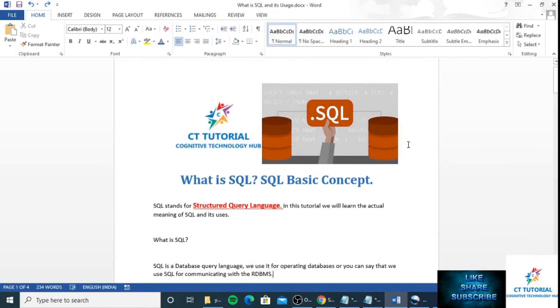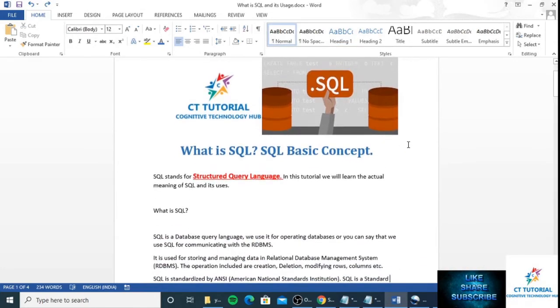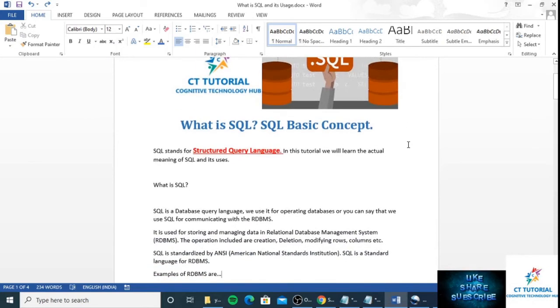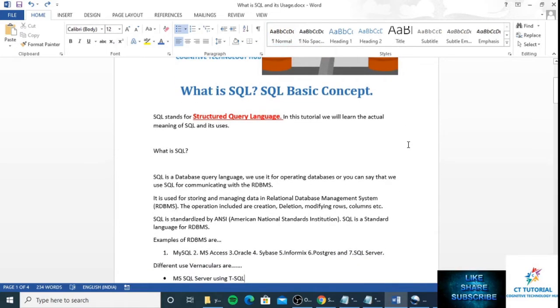What is SQL? SQL is a database query language. We use it for operating databases, or you can say that we use SQL for communicating with the RDBMS. It is used for storing and managing data in a relational database management system, that is RDBMS.